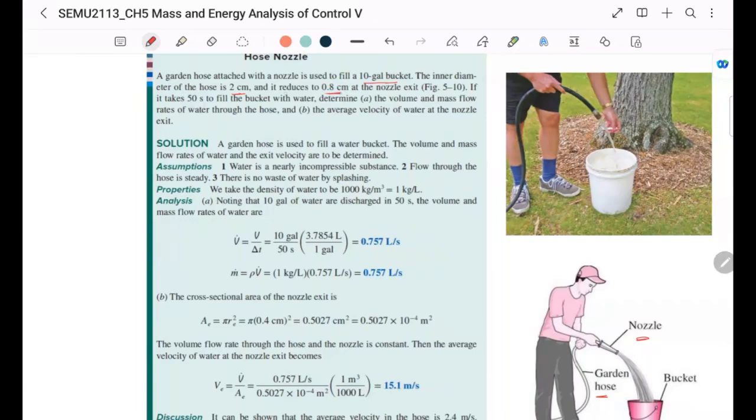If it takes 50 seconds to fill the bucket with water, determine two things. One is the volume and the mass flow rate of the water through the hose itself, not the nozzle. And second, the average velocity of water at the nozzle exit.